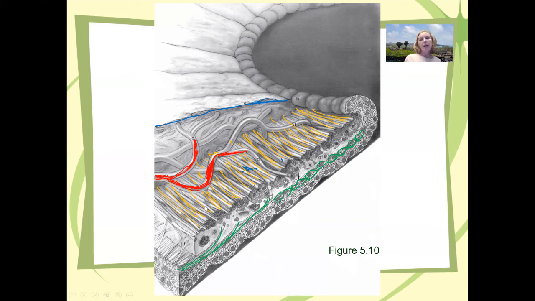Since we're going to talk about this now, we continue even more posteriorly, and that's where we come to the posterior iris epithelium. And that's these cells here, most posterior.